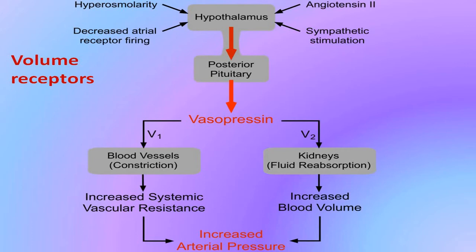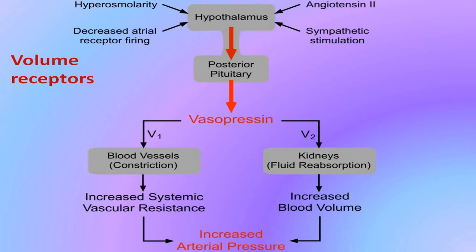The pituitary gland then starts the secretion of vasopressin, which is also called antidiuretic hormone, and vasopressin acts on the kidney and results in more reabsorption of fluid from the nephron, resulting in increased arterial pressure.